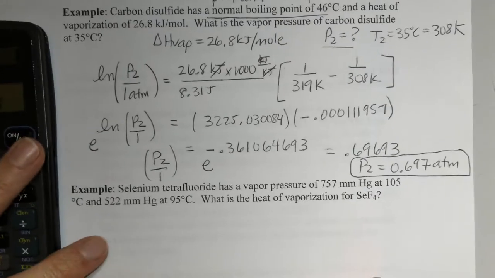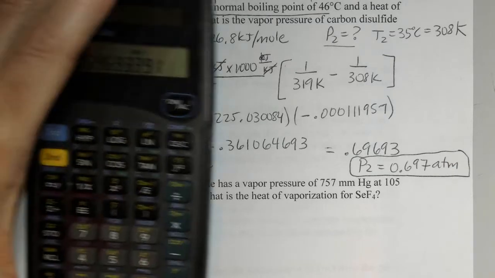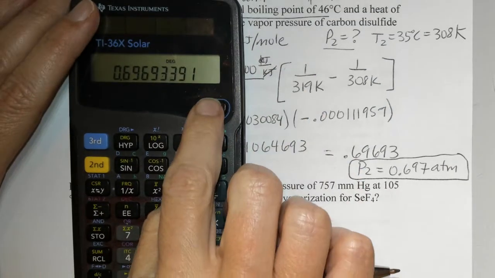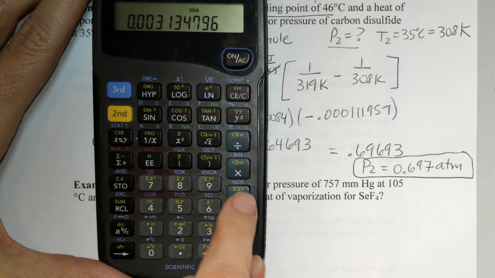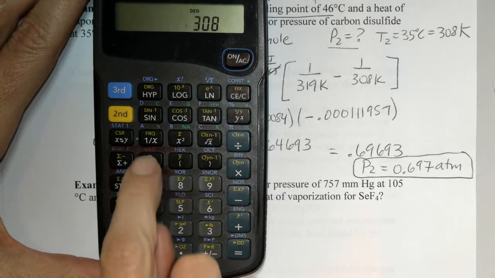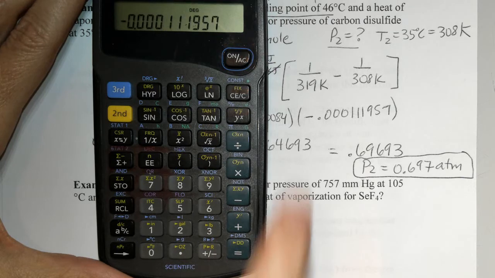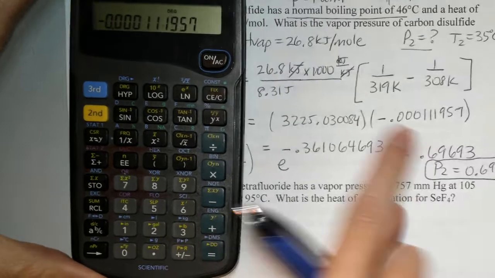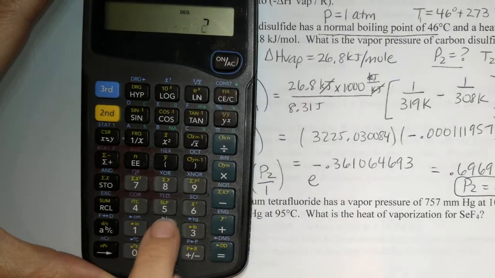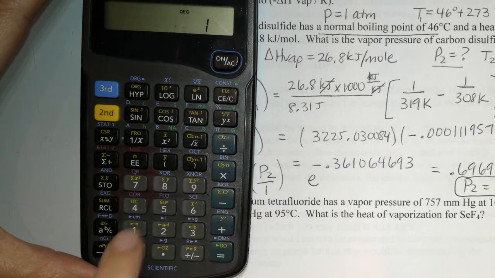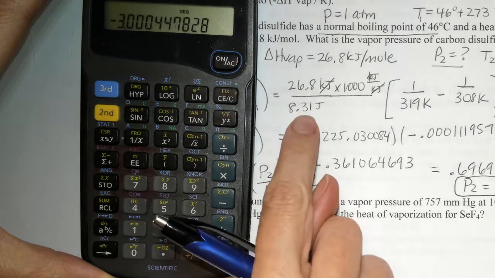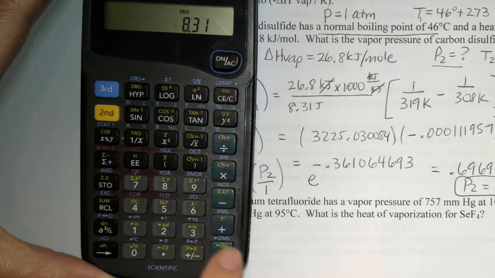All right, so let me just walk you through the calculations again on my calculator. First thing I did, I'm going to do the inverse of 319 minus the inverse of 308. Enter. That's this answer. Then I'm going to multiply by 26.8, multiply by 1,000, and then divide by 8.31 constant.